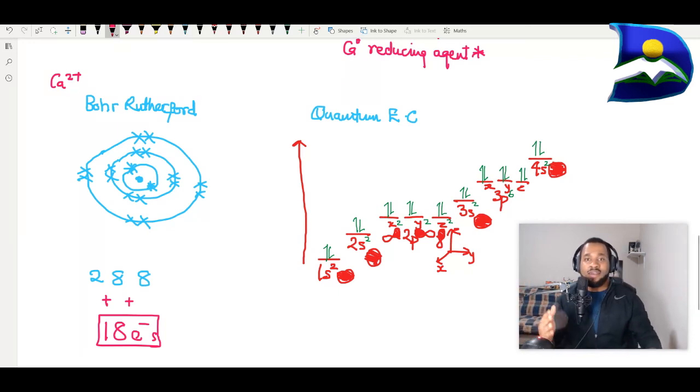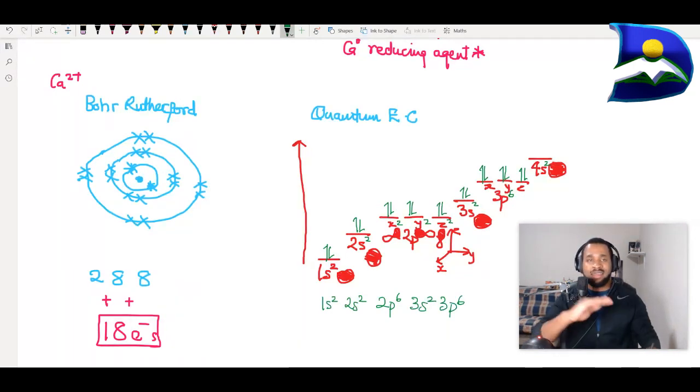So in the quantum electron configuration, this energy level, which is 4s2, will actually lose the two electrons in that particular space right there. So therefore, calcium 2 plus now has a configuration that is represented quantumly as 1s2, 2s2, 2p6, 3s2, 3p6, and that is it.